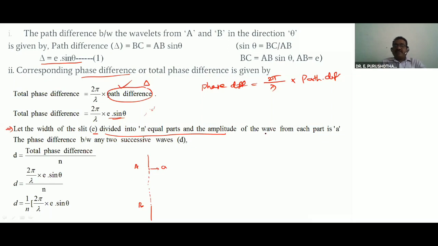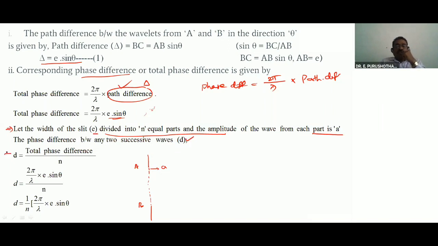Let you see the wavefront, each part is small a. That is the amplitude of the wave from each part, small a. So the phase difference between any two successive waves, from these smallest parts, is represented by small d.